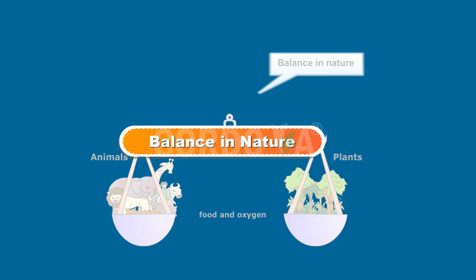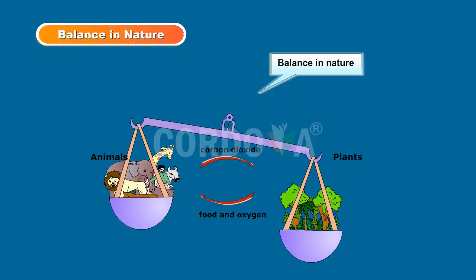Balance in nature. A balance between the number of plants and animals is necessary in nature. What will happen if the number of animals increases suddenly? It will be difficult for plants to supply enough food and oxygen to all animals.